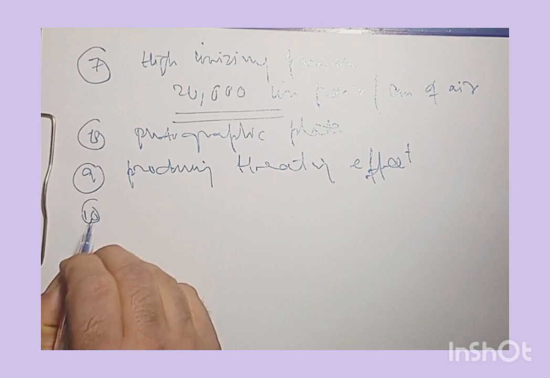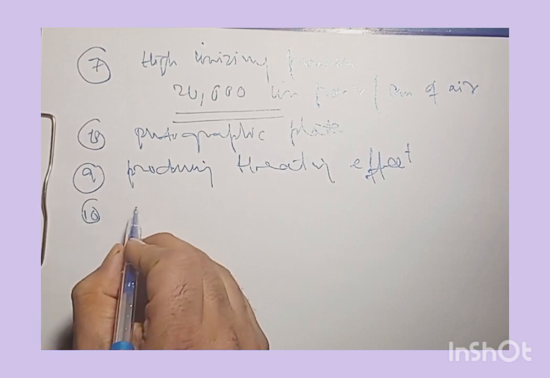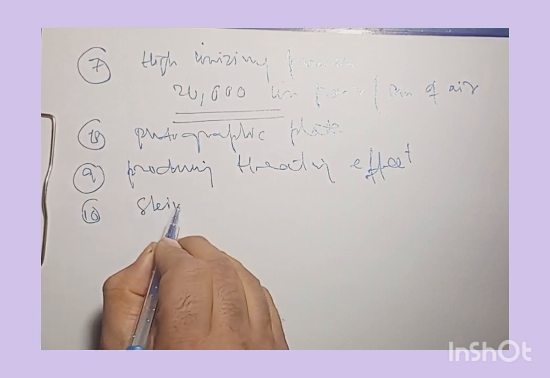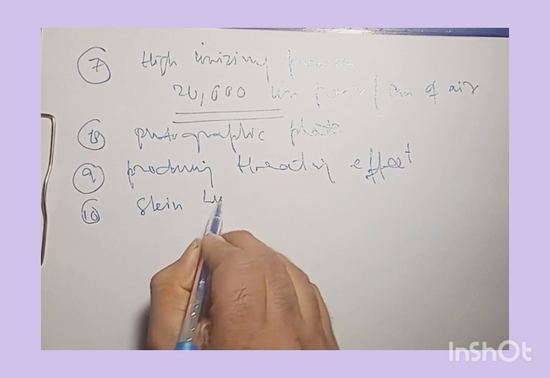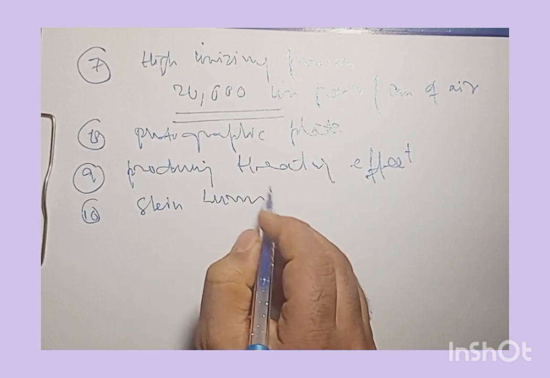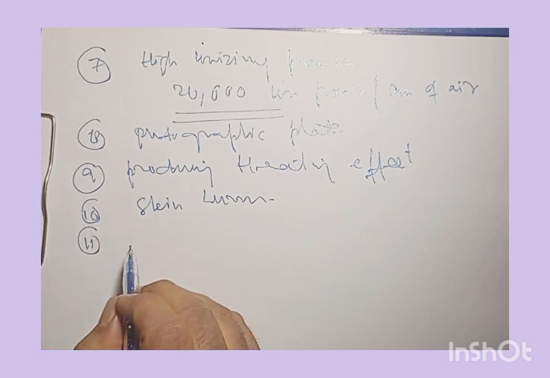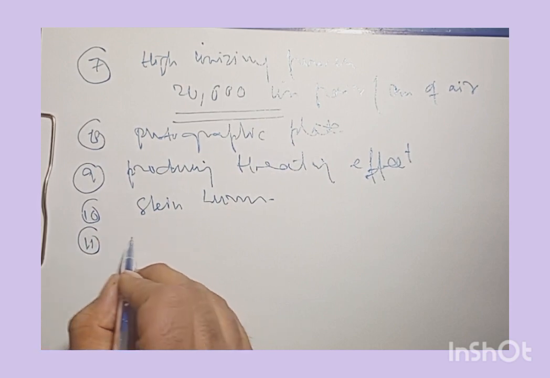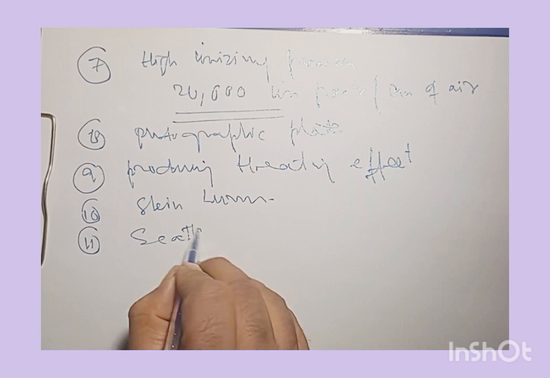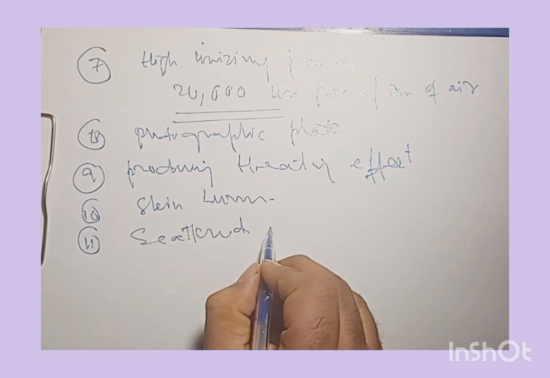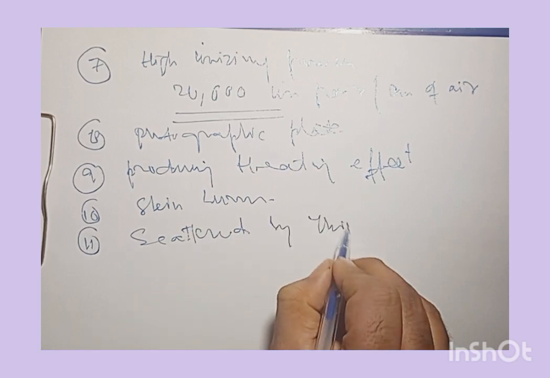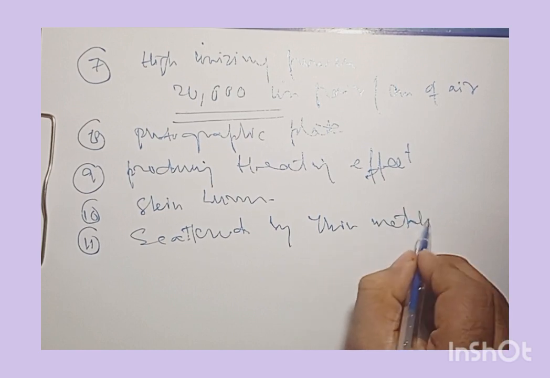And the next important point is that they can cause skin burns. They can burn the layers of skin. These alpha particles are also scattered by thin metallic plates.